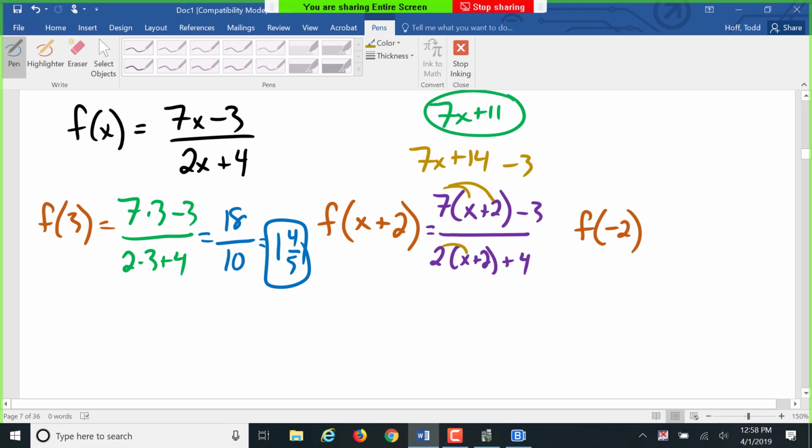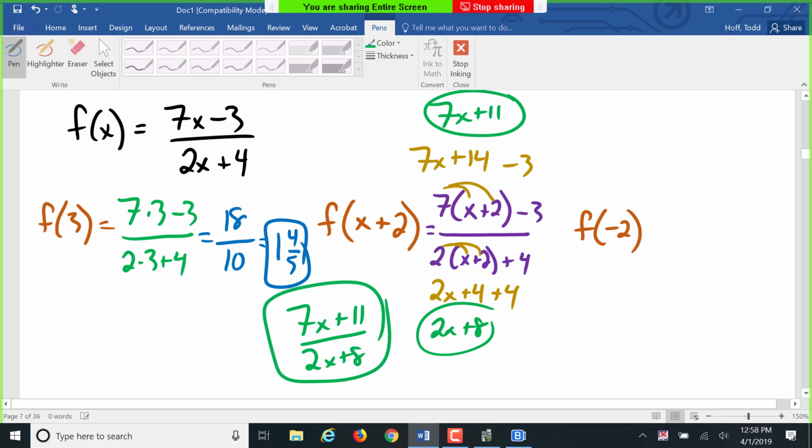On bottom, distribute the 2. We've got 2x plus 4 plus another 4 is 2x plus 8. So f of x plus 2 is (7x plus 11) over (2x plus 8). Any questions on that one?